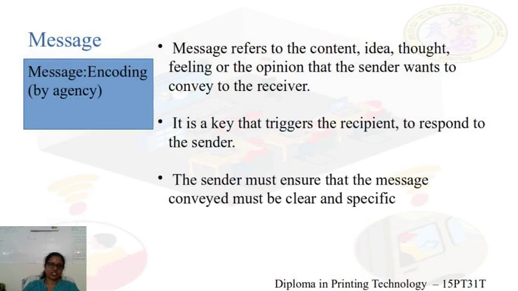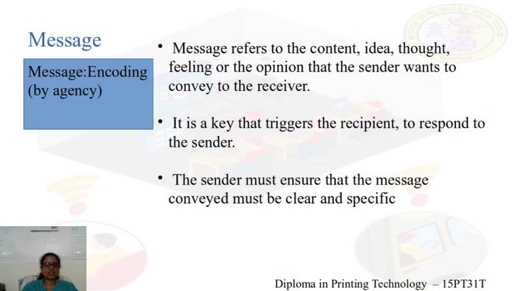Next, the message. The message is encoded by a source or by an agency. The message refers to the content, the ideas or the thoughts or the text or the feel or the opinions that the source or the sender wants to convey to the consumer or receiver.